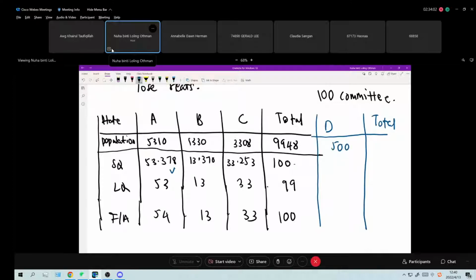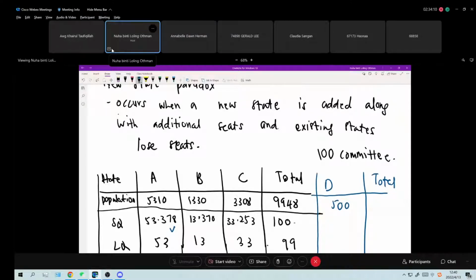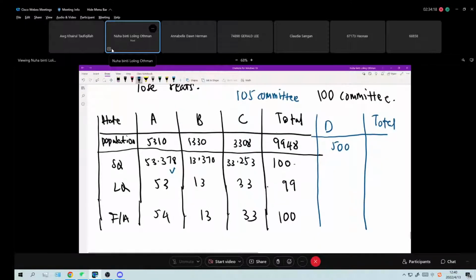Because of district D, they add another 5 seats to the committee, making it 105. Originally they had 100, so now they have 105, which gives you 10,448.